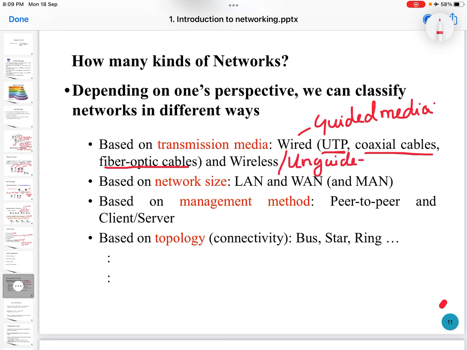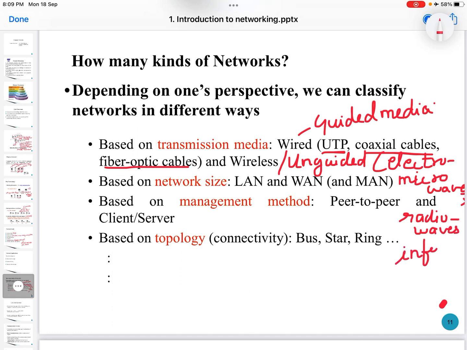In unguided media, the transmission takes place with the help of electromagnetic waves, in which you have radio waves, microwaves, and infrared rays.